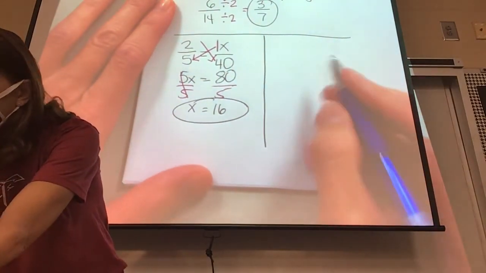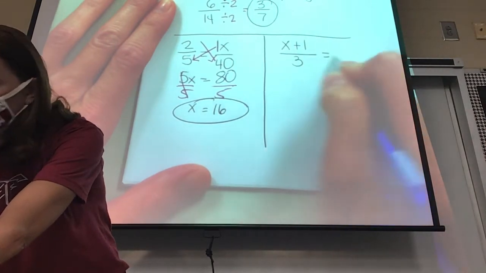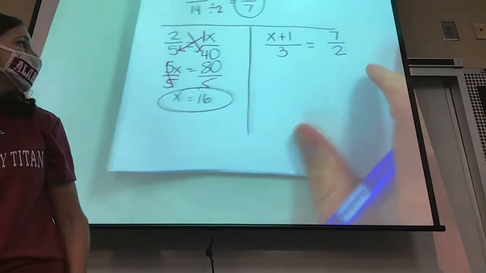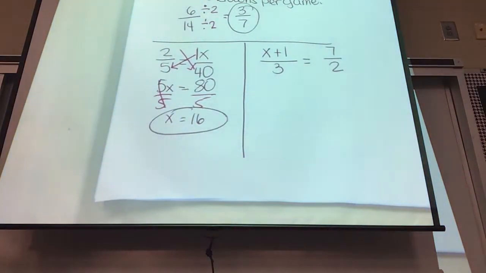Okay. So now let's do x plus 1 over 3 equal to 7 over 2. So x plus 1 over 3 equals 7 over 2. Now how do we solve something that's got a plus and a minus?